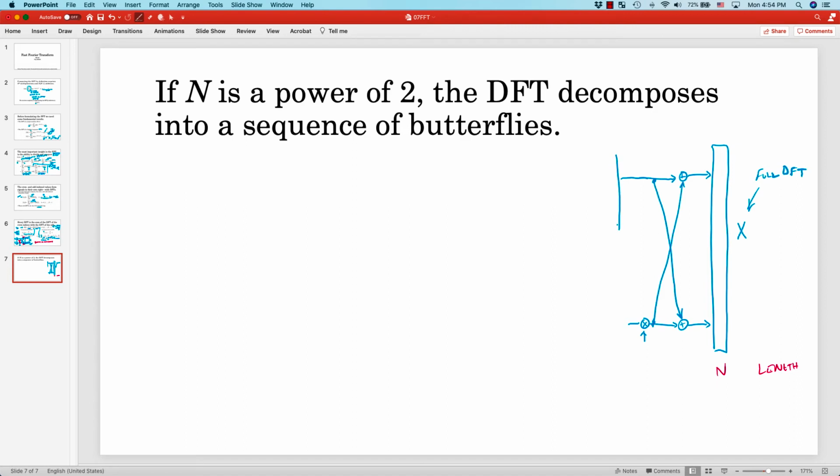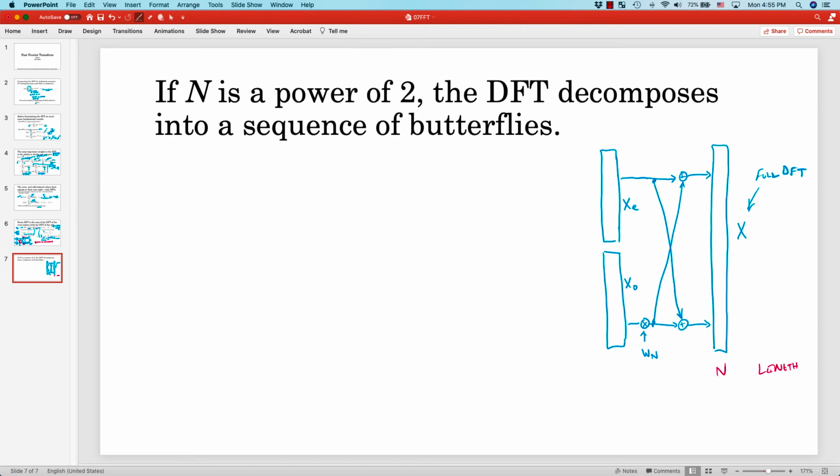And so this, we need something half as long. And this was multiplied by W sub N. And this was the X sub o, if you remember from the last slide, and X sub e. Okay, so this is just copying the butterfly from the last slide and making it much taller.